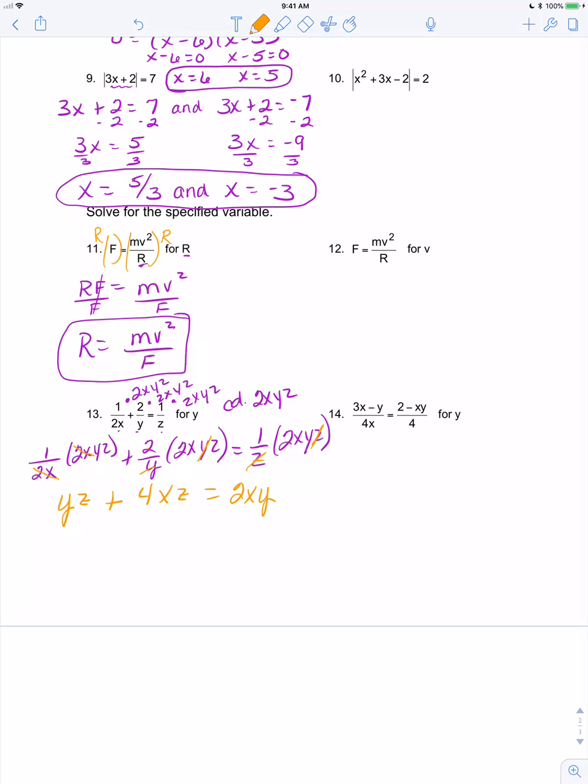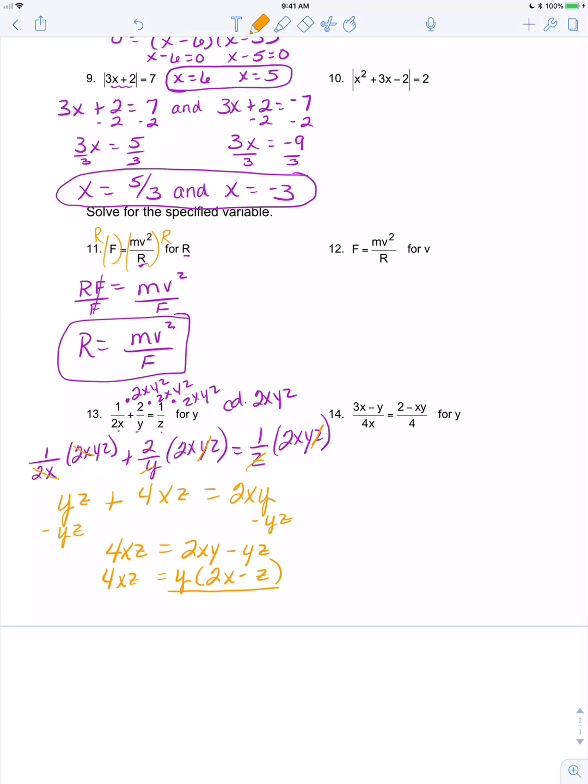Okay, so now we're solving for the y. So let's get all of our y's over here together. So we've got 4xz is equal to 2xy minus yz. Well, remember, if we factor out that y from both terms, we get y times 2x minus z is equal to 4xz.